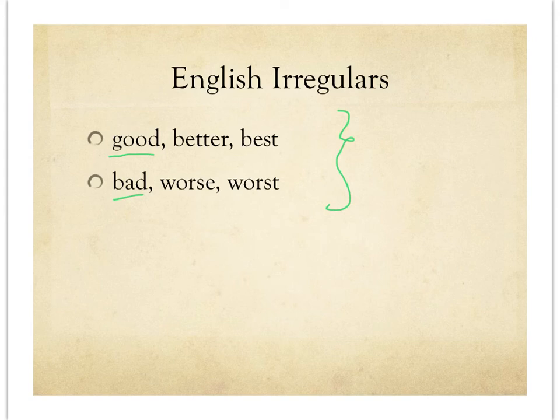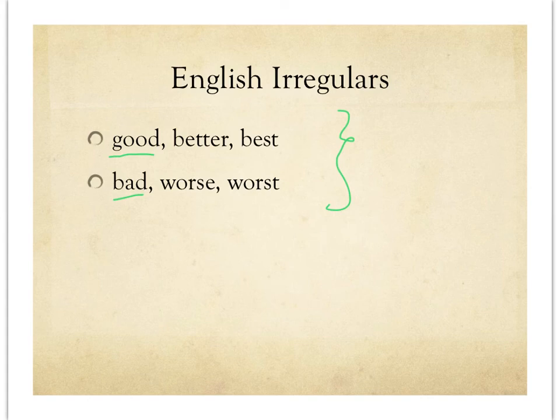So these are just irregular. They just don't conform to the regular model that we have for how we can form the comparative and superlative of adjectives. And Latin is exactly the same. That is, some of these most common adjectives also have irregular comparative and superlative forms.